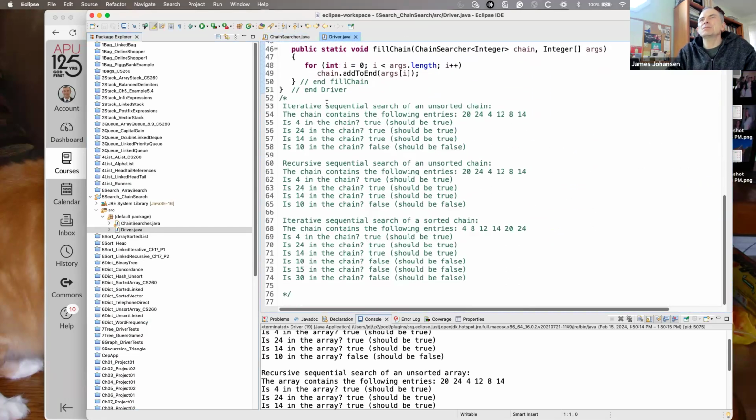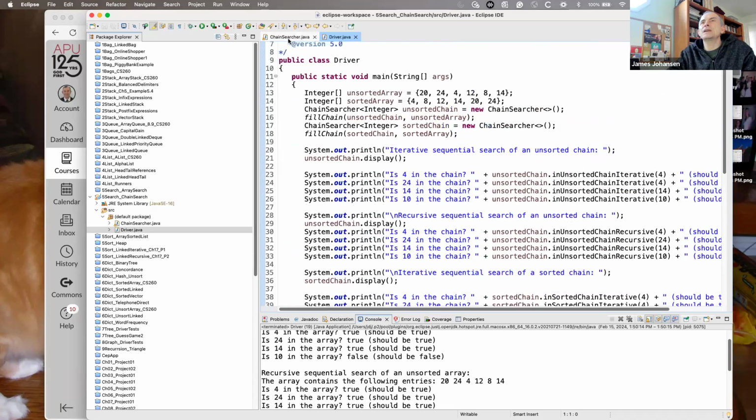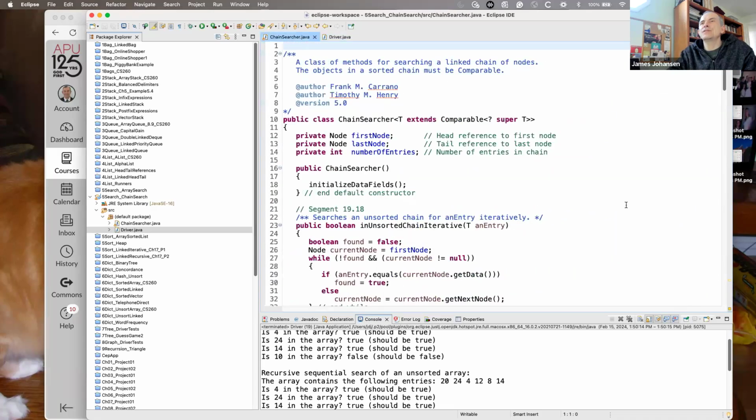We have something similar: an iterative sequential, a recursive sequential, and another sequential. So we have three different cases, slightly different methods, but this time we're doing things with a linked implementation. So we're going to have a private class Node.